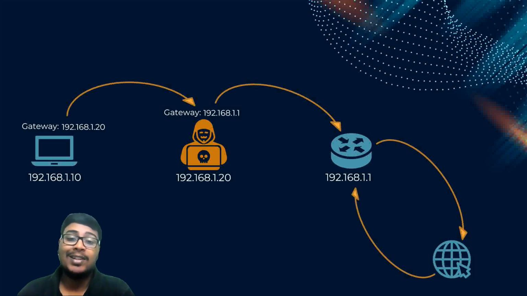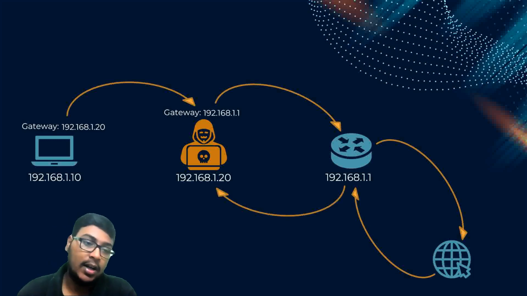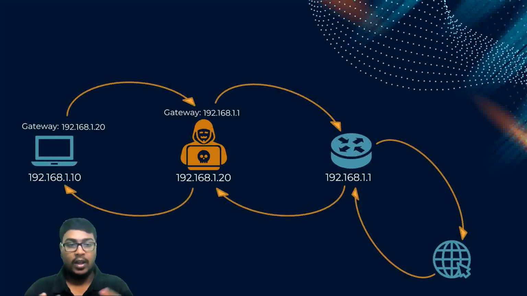But now the router will send the response back to the IP that gave it the request, which is the attacker in this case, and then the attacker will finally send the response back to the victim. So like this, right in between the victim and the gateway, there sits an attacker who has control over all requests and responses, or basically all incoming and outgoing traffic of the victim machine. And this is the setup of a man in the middle.